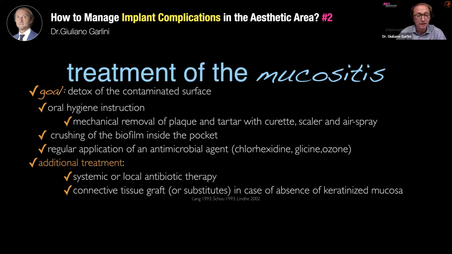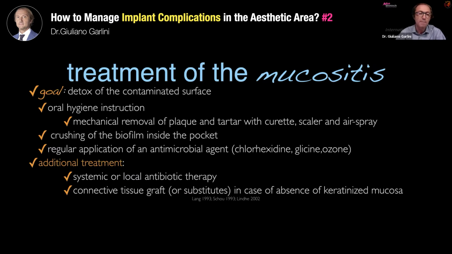But from a practical point of view, we have to mechanically remove the plaque and the tartar, and we will see how we can do this, crushing the biofilm inside the pocket. And in almost all cases, we need to apply an antimicrobial agent that could be chlorhexidine, glycine, or oxone.